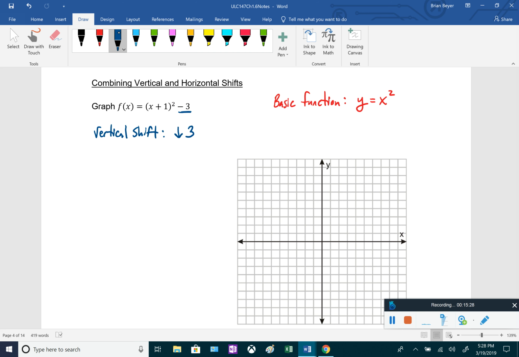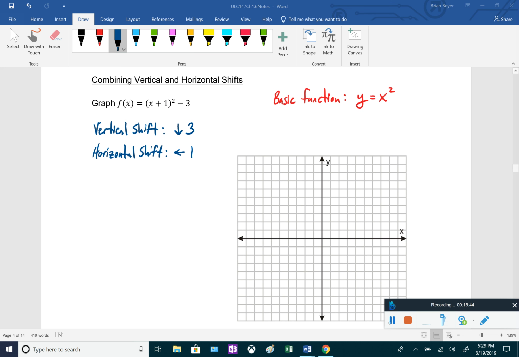And then there's going to be a horizontal shift. The horizontal shift is on the x value, so it's going to be that +1. But that means it's to the left because it's positive. So what we're going to do is graph the basic function first.